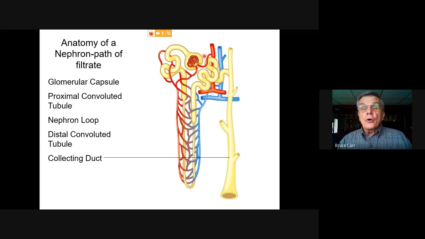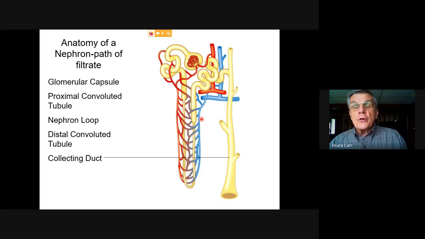Notice that the blood flows in this direction through this net-like reticulate formation. These are called peritubular capillaries, just means around the tubule, and then eventually the blood returns to the venous network for exit from the kidney.